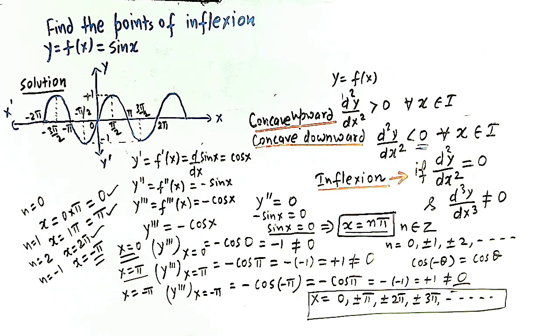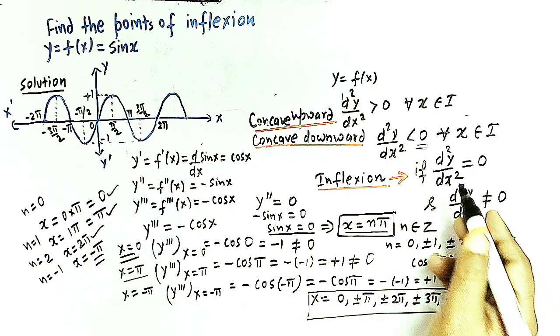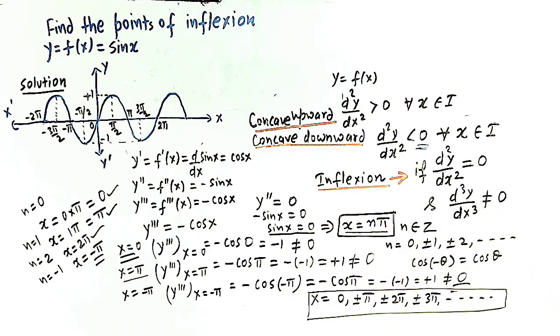So let us now take x is equal to 0, and let us see how the concavity changes at this point of inflection, x is equal to 0, right? Because we know that a point of inflection occurs at a point where the second derivative is 0, and there is a change of concavity of the curve at that point.